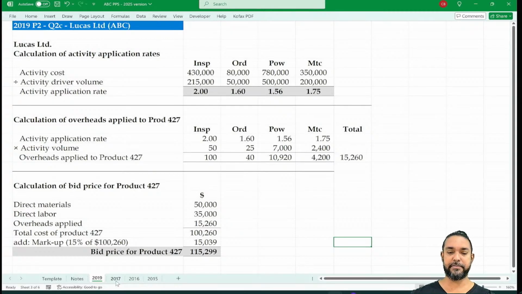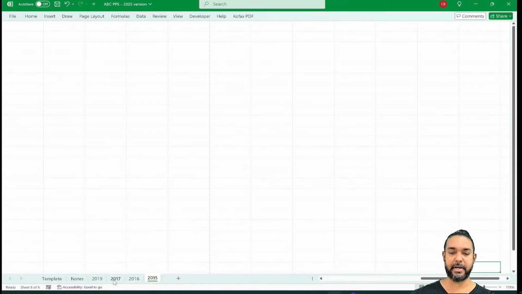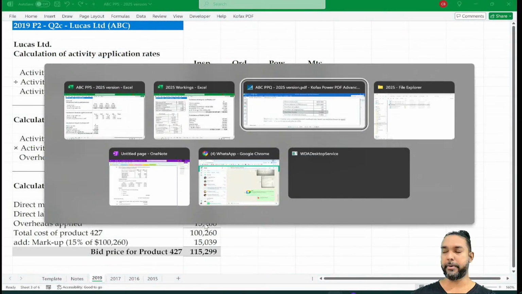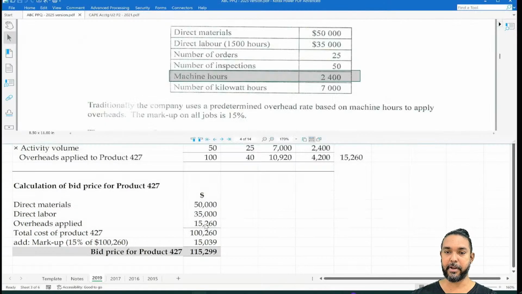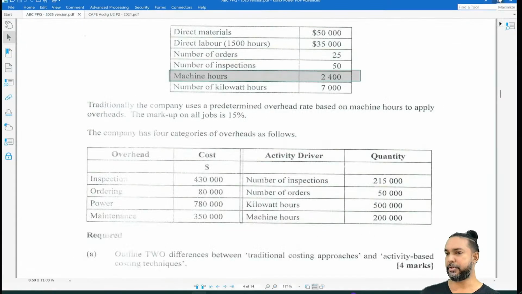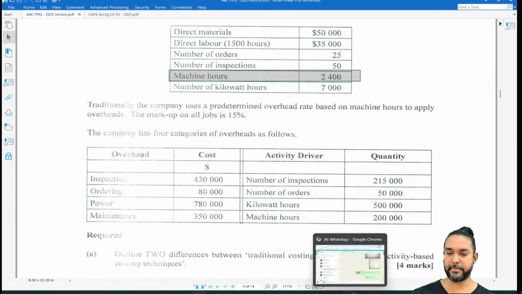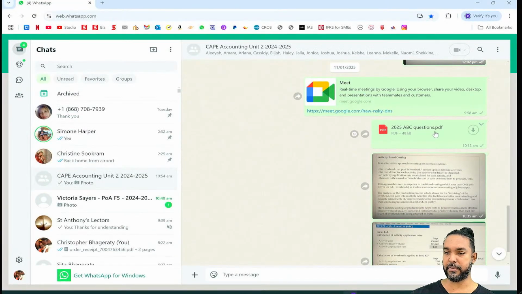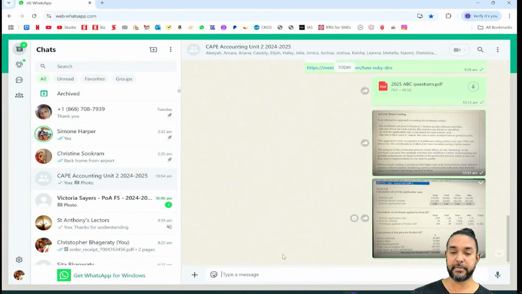Okay, so I know I have other things labeled down here, but I'll just hide those things, right? So what I'm gonna do, now I did send you all a PDF at the starter class, it should be in the chat. Let me just double check. Yeah, 2025 ABC questions PDF, right? So that's the wrong PDF. Good thing I checked.